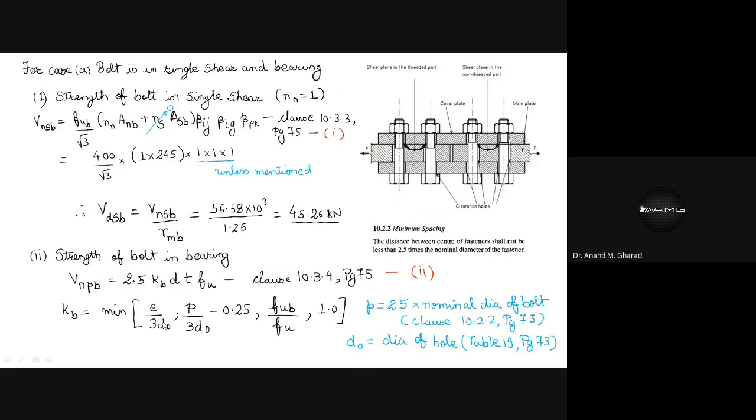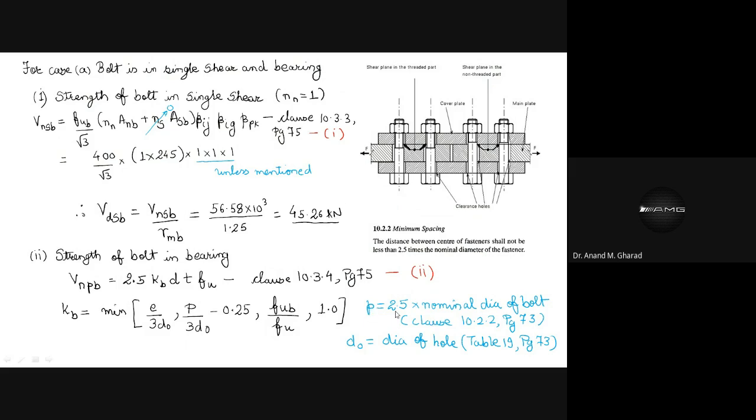Because as you can see in this formula, in order to calculate KB, we don't know what is E value. We know what is D naught, but that has to be evaluated again from the IS code. We don't know P value. We have only the values for FUB and FU. That's it, isn't it? So let us see how to initially evaluate the P and E values.